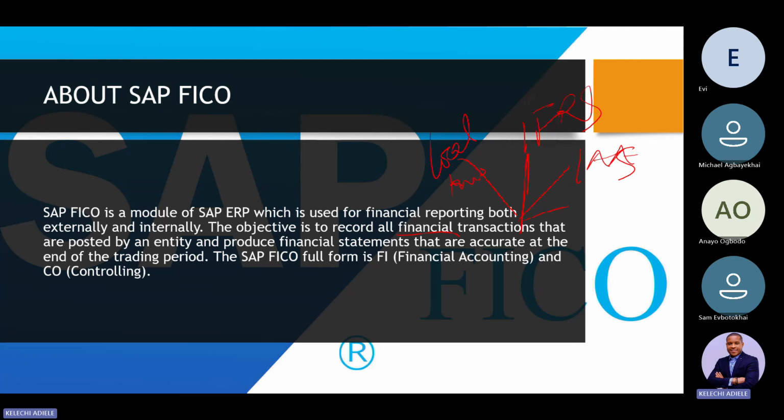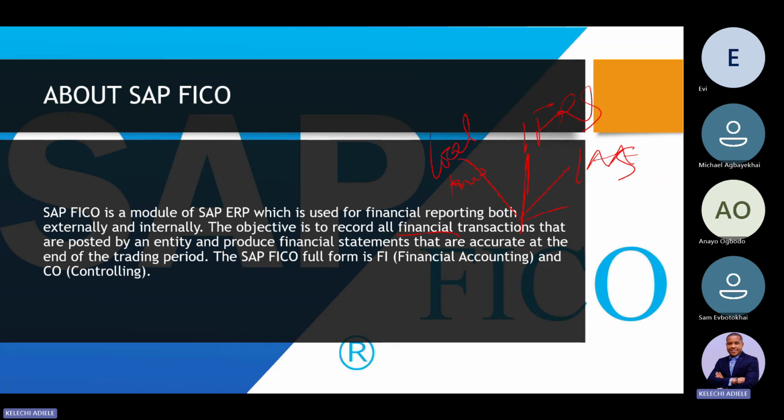Because the most important thing really for companies is to produce financial records. Like I said, every company is required to account to the government, to the shareholders, and to the internal stakeholders, because a business is an entity on its own.